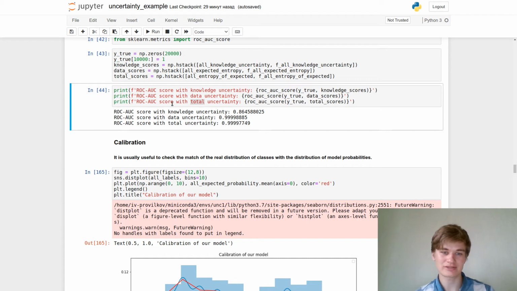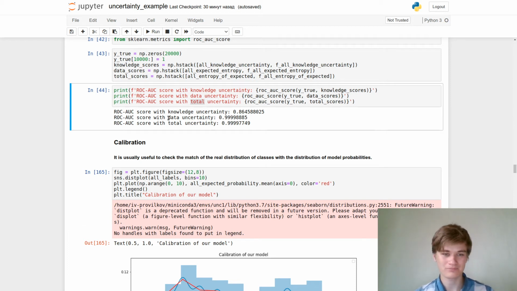But yes, in general, knowledge uncertainty usually works better than data uncertainty for out-of-domain detection. But you should always check it and think of some cases that could work badly.